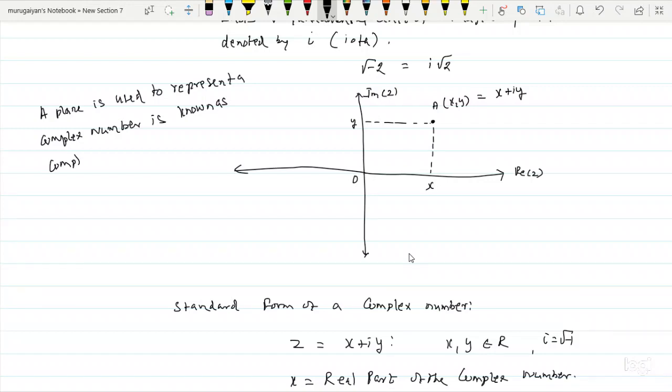This is totally different from the Cartesian plane. Complex plane, or Argand diagram, named after the mathematician Argand.